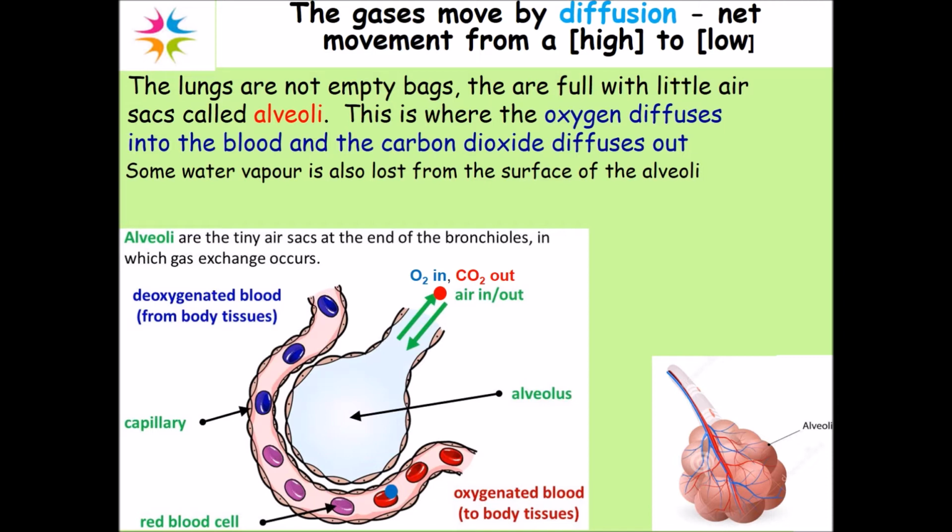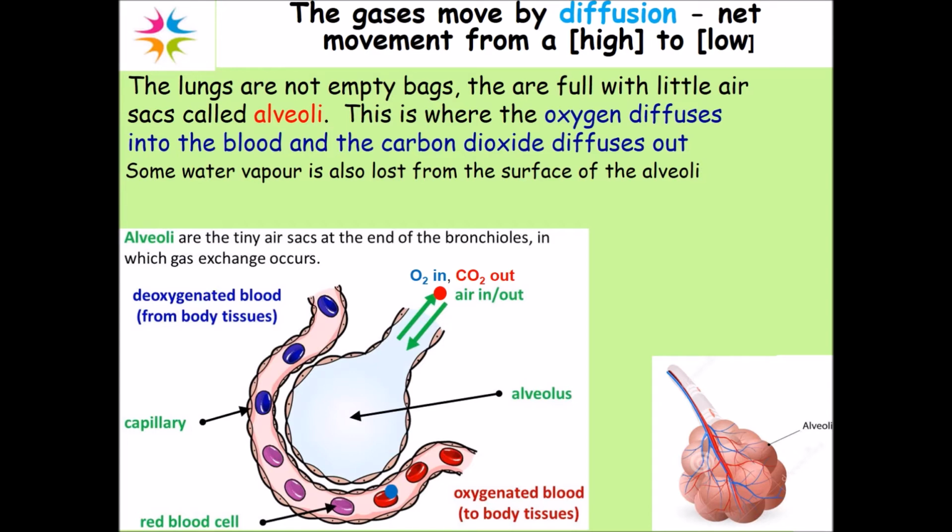So the blood is carried from your body tissues back to your alveoli, and the carbon dioxide gets diffused back out into the air, and then your lungs work to take oxygen in, with the oxygen diffusing into your blood via the alveoli and the capillaries.